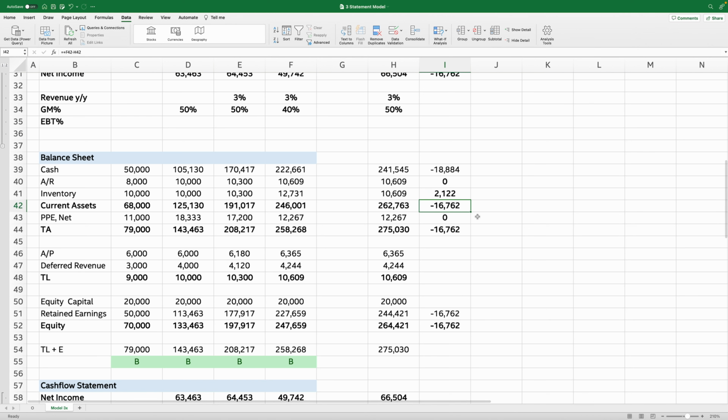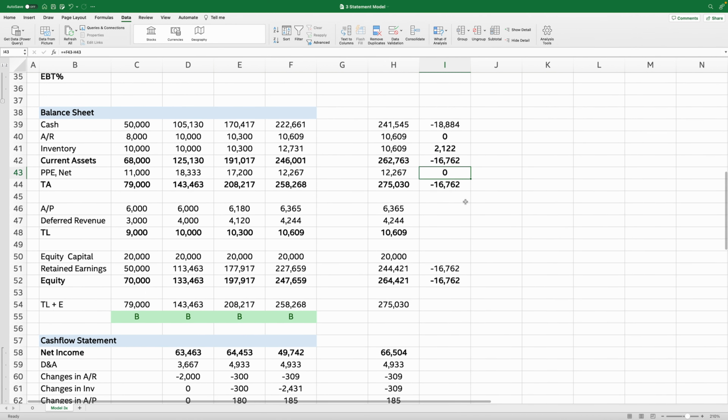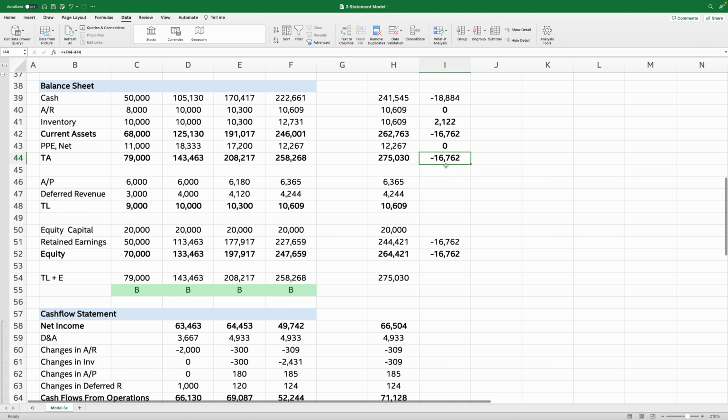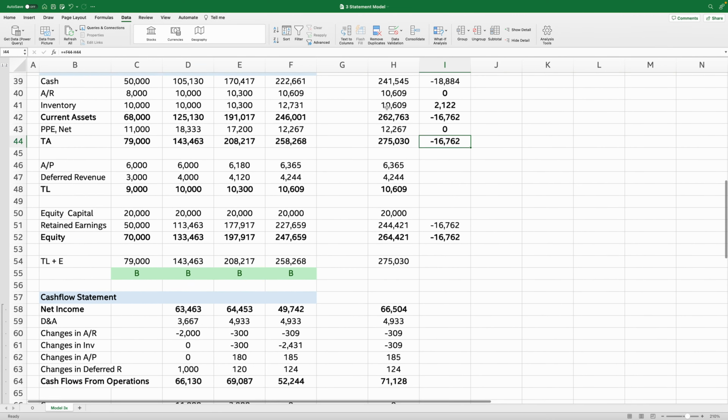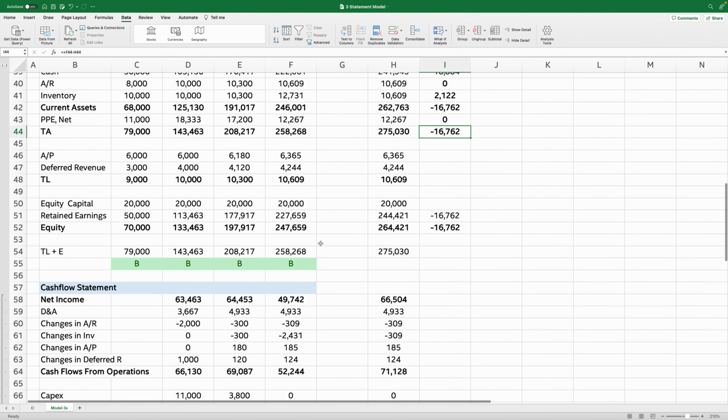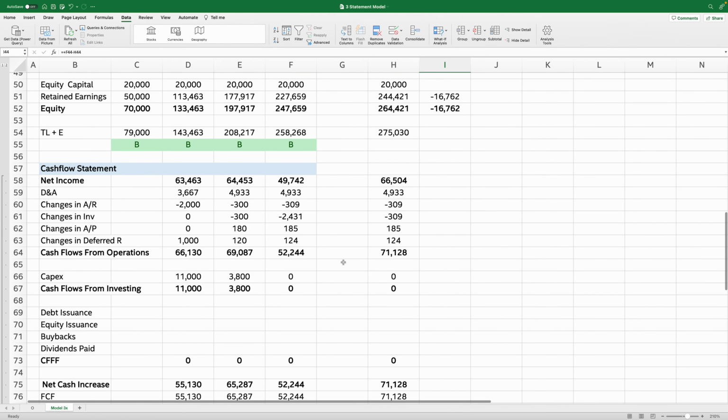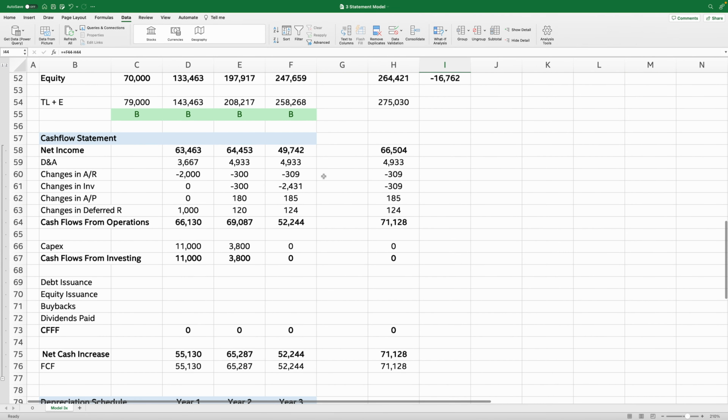So here's that 16,762, and then we have a zero PP&E. We didn't change that, and so total assets change in this scenario by 16,762. So if you just understand by changing one thing, cost of sales, we see how all of this is changing on the balance sheet. So now let's go down to the statement of cash flows.